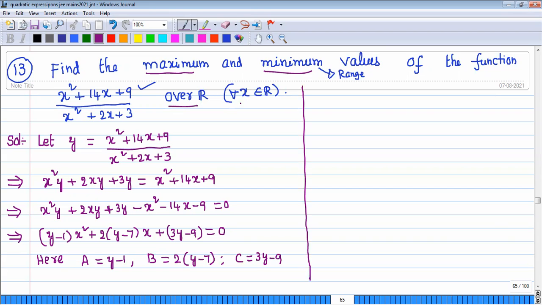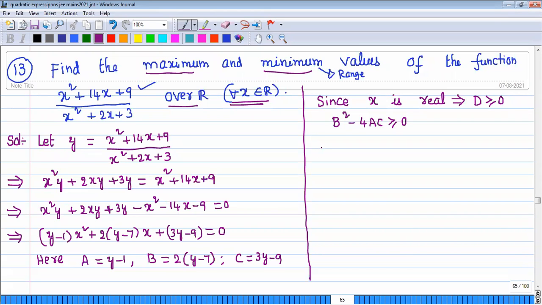Here over R, the set of real numbers, x belongs to R. Since x is real, the roots of this quadratic equation are real. Real means discriminant greater than or equal to 0. That is b square minus 4ac greater than or equal to 0.